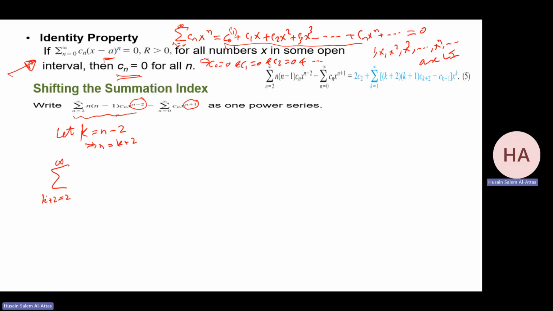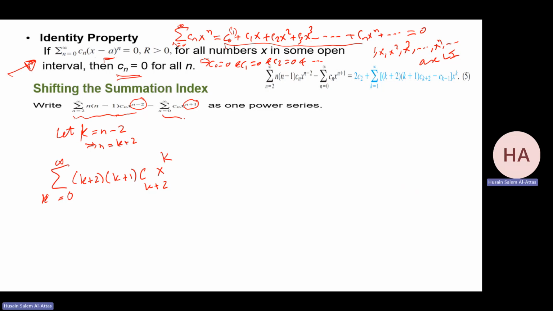If k plus 2 equals 2, I take 2 to the other side, so k equals 0. Now n is k plus 2. For n minus 1, I have k plus 2 minus 1, which is k plus 1. Cn becomes c of k plus 2, x to the power k.